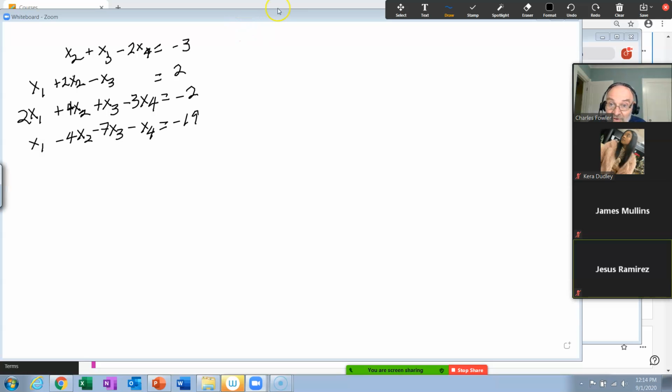All right, first thing we do, anyone want to make a suggestion? Hint: write the augmented matrix without the variables. Okay, coefficient of the x sub 1 here, 0. Then you have a 1, 1, minus 2, and negative 3.